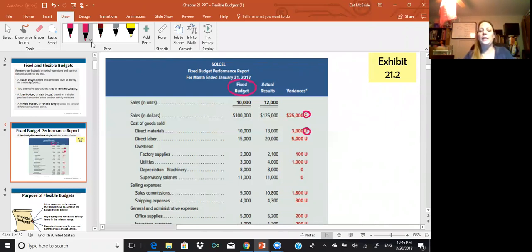But this is the way variance analysis works. We're going to get into detail where we can break it into an efficiency variance and a price variance, because the question isn't just how much are we over or under. There are two components to that. One is, are we over or under because we used too much or too little materials, or are we over or under because we paid the wrong amount?